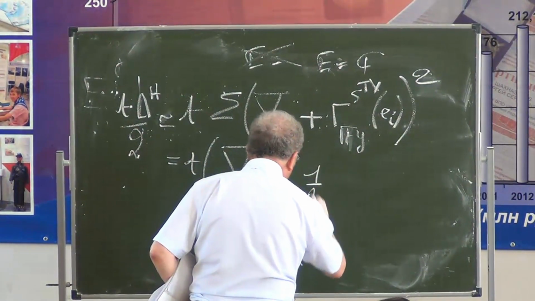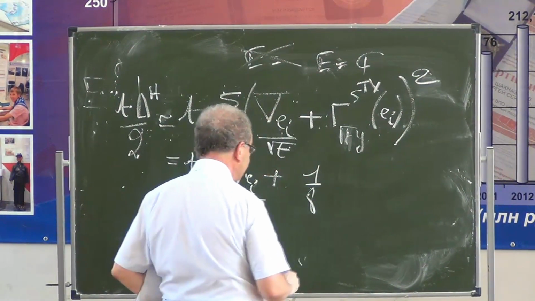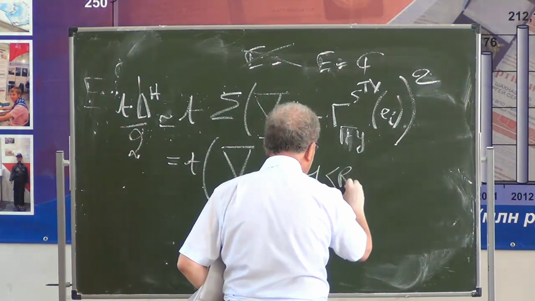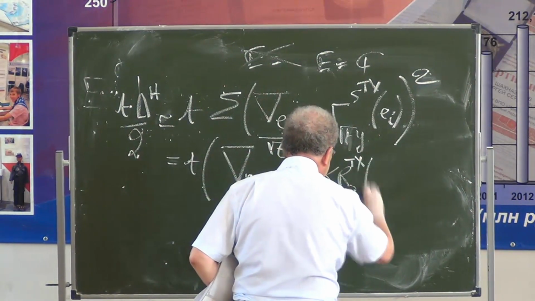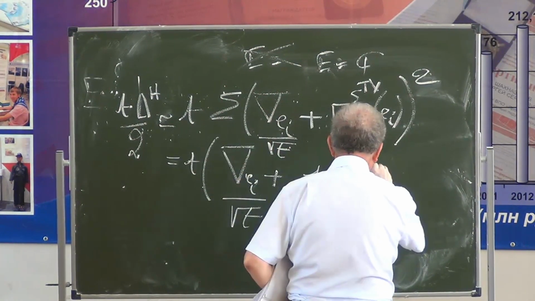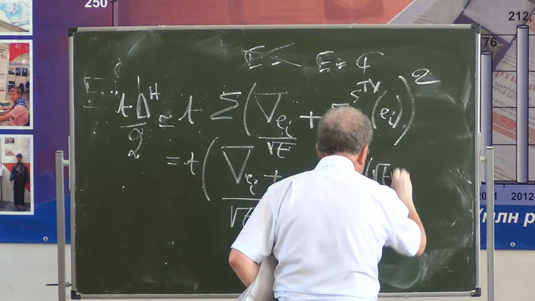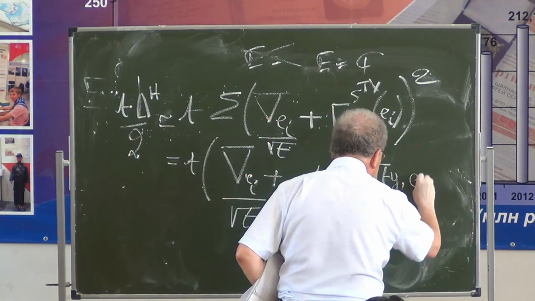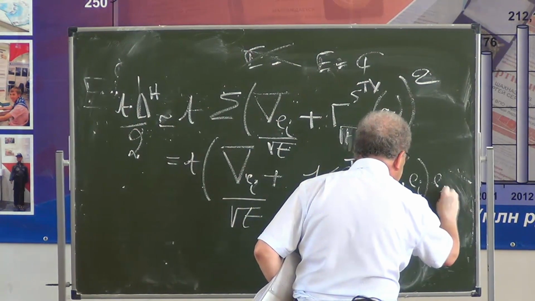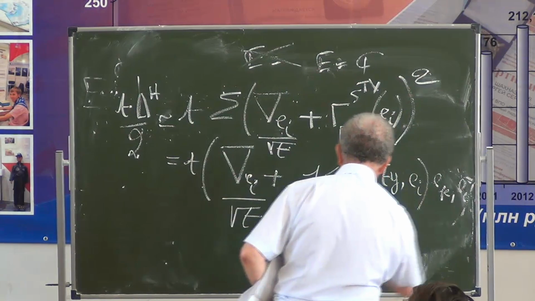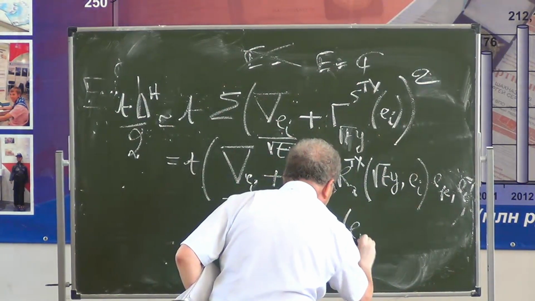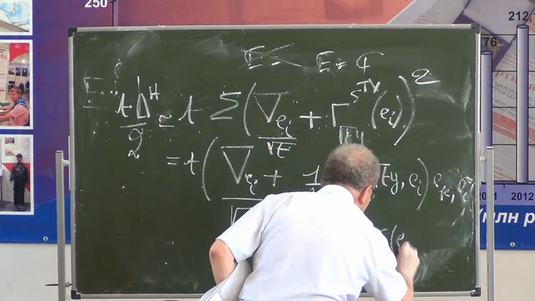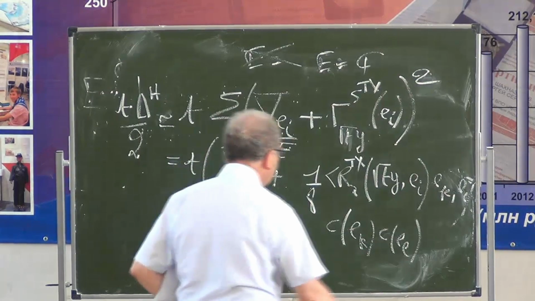plus 1/8 of RTX at x at square root of ty and EI, EK, EL, C of EK, C of EL squared.